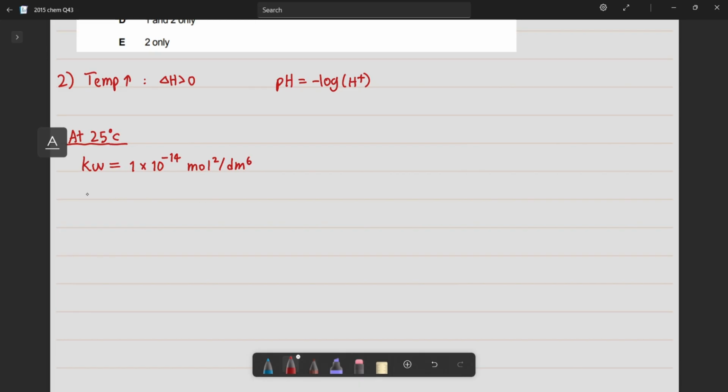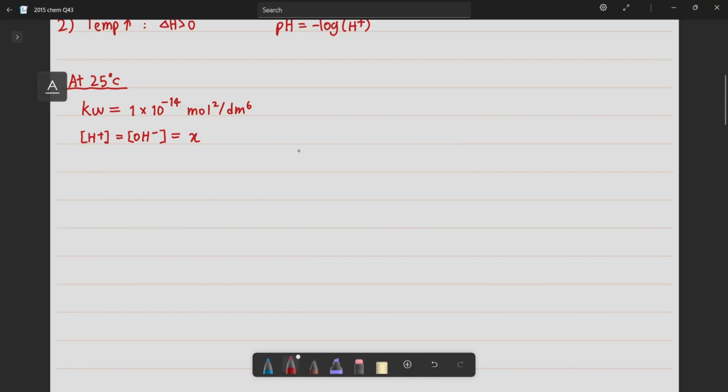Okay, so in pure water, we know that the H plus and OH minus can be represented as value X because they're produced at equal moles. The general formula for the Kw expression is that Kw is equal to H plus times OH minus.